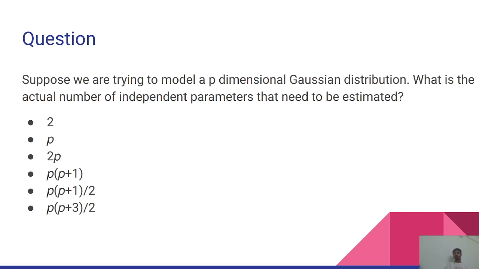Okay, next question. Suppose we are trying to model a p-dimensional Gaussian distribution. What is the actual number of independent parameters that need to be estimated?